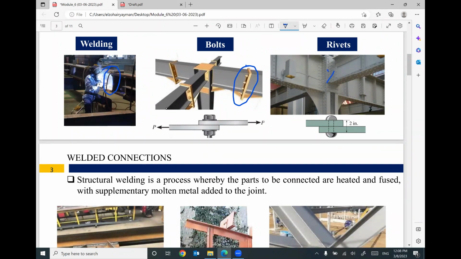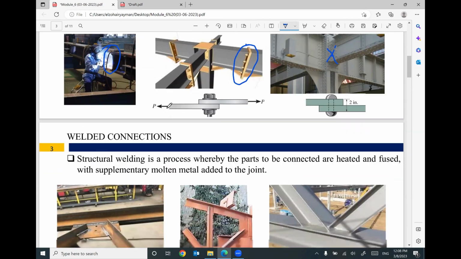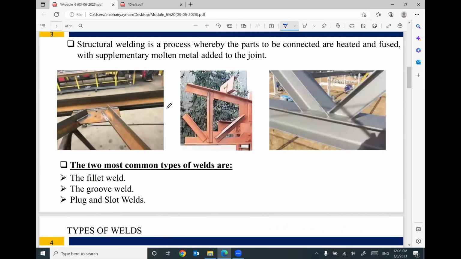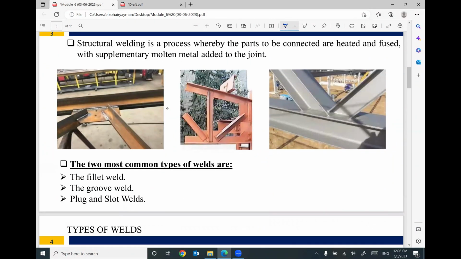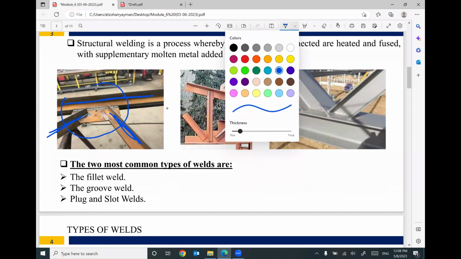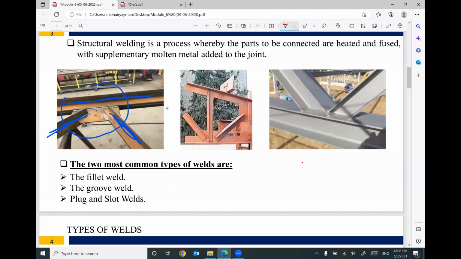We are no longer covering rivets, but keep in mind, this is the final product. Can you see? We have a member, and this member, and this member. These three members are connected together here using a welded connection. These are the shapes of your welded connection.